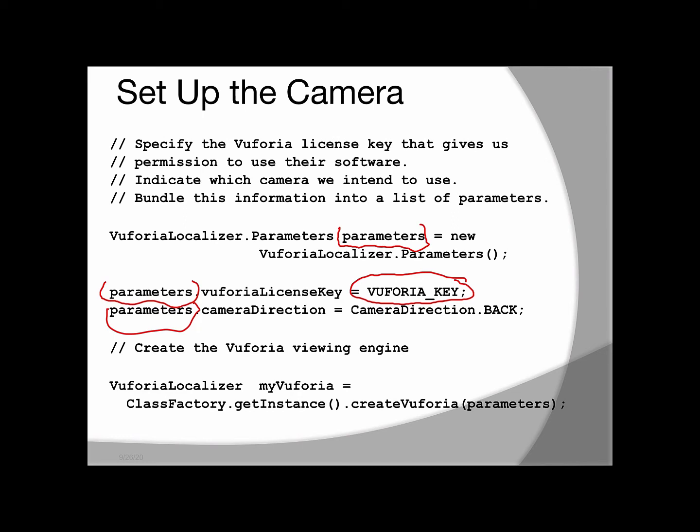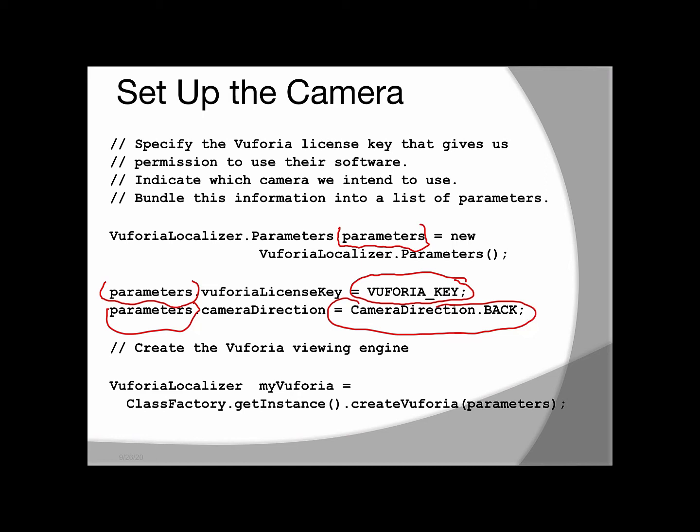And that is a key which I got from the Vuforia site, which gives me permission to use their software. And so that's one of the things we have to do, is get permission. Don't use my key, please, because it's mine. And then, for the case of Android phones, we're going to have to tell it whether it uses the back phone or the front phone.